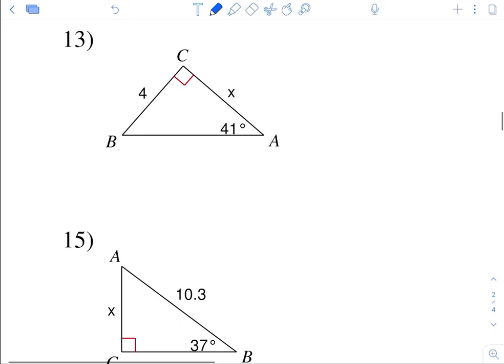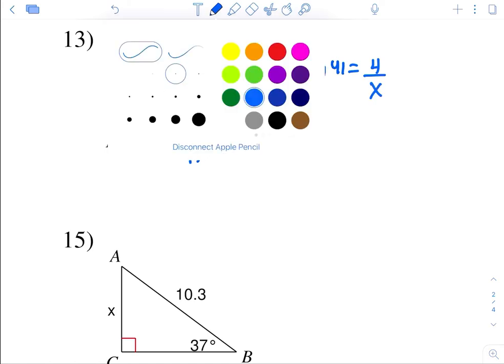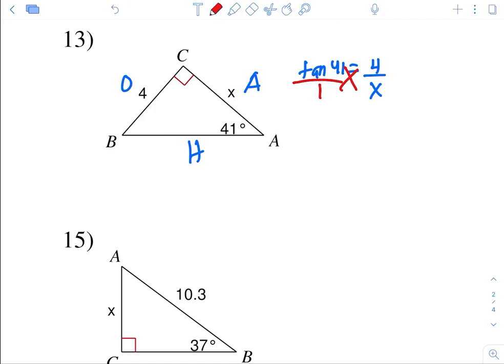Last 4. Angle measurement. So in the perspective of the angle measurement, opposite, adjacent, hypotenuse. So we're going to be using tangent. Tan of 41 is equal to opposite 4 over adjacent x. Put this over 1 and cross multiply.